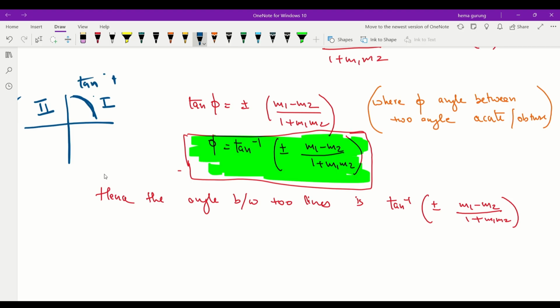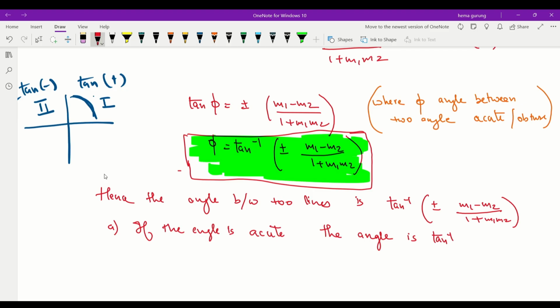And tan is positive in the first and negative in the second. So what I'm going to conclude here is, if the angle is acute, the formula is tan inverse of (m1 minus m2) divided by 1 plus m1 m2.